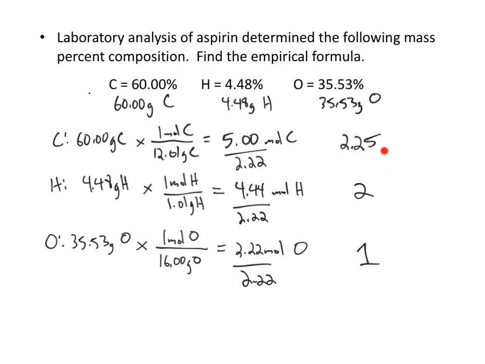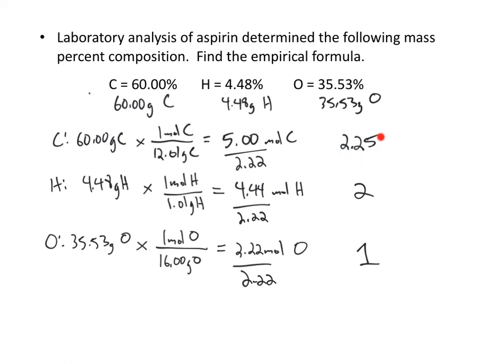When we get to a situation like this, it's always going to be a clear fraction. 0.25 is like a quarter, or it might be 0.333, like 1/3, or 0.5, like a half, or 0.75, like 3/4. Whatever the denominator of that fraction is, if I multiply all the numbers by that denominator, I'll get whole numbers, and it'll be the smallest whole number ratio.